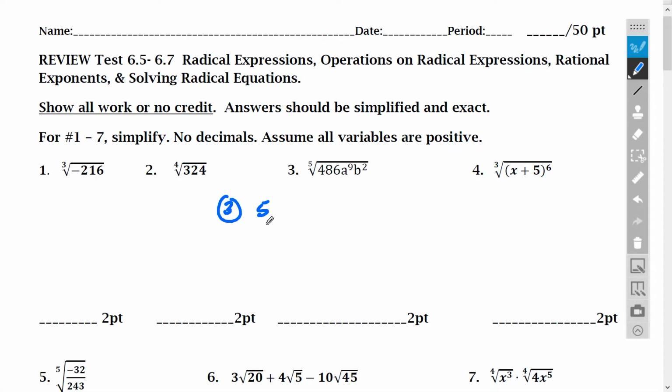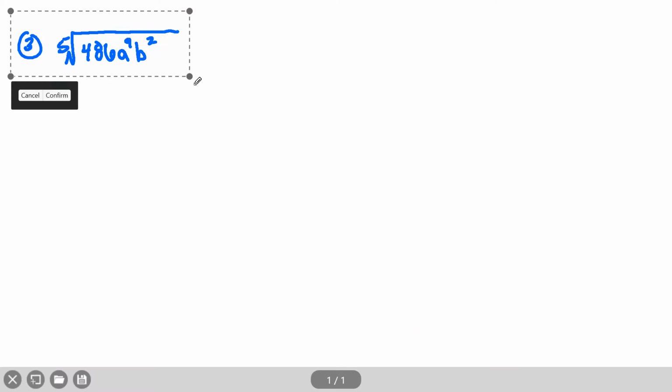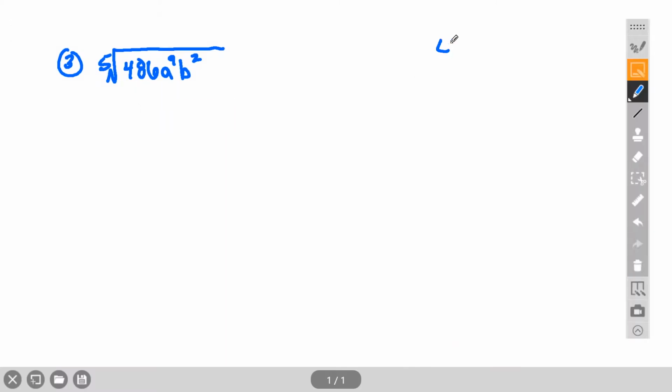Number 3, fifth root of 486, a to the ninth, b squared. All right, so the first thing I'm going to want to do is break up that 486. And once again, I don't really know what 486 breaks up into, so I am going to have to use a calculator here. It's even, so I know it divides by 2.